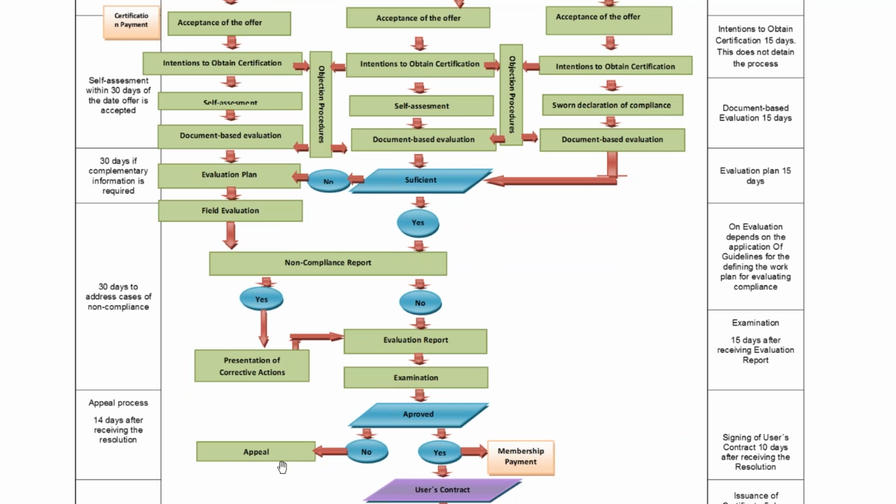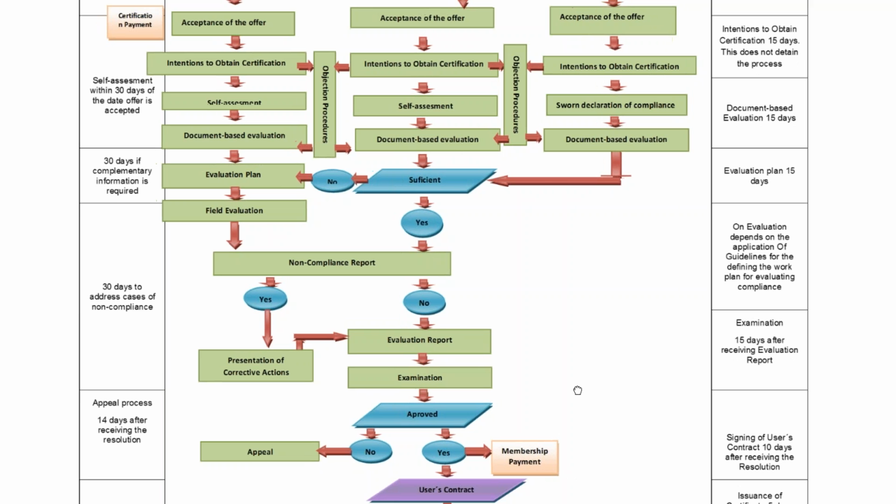And finally, when they sign the user's contract and pay the membership, the certification entity would have to grant the certification. This is the diagram process for SPOs, small producers organizations.